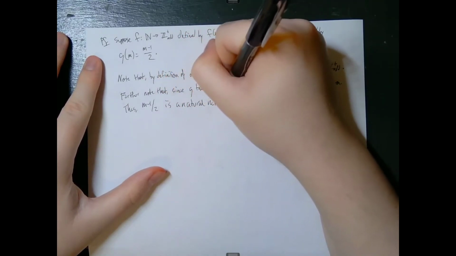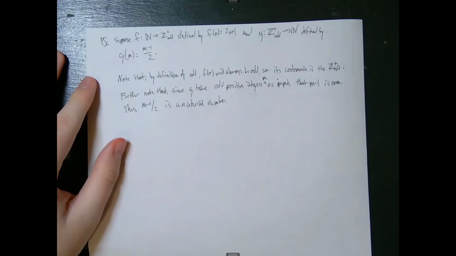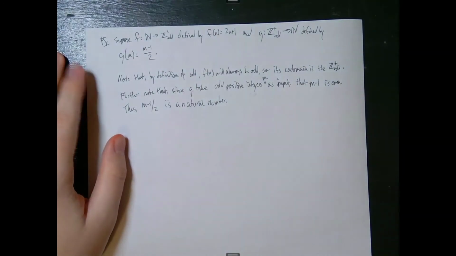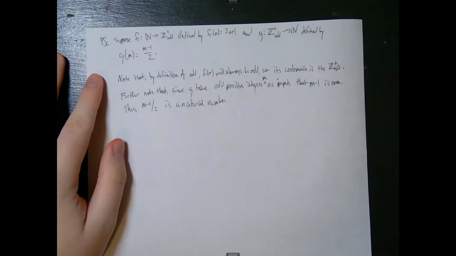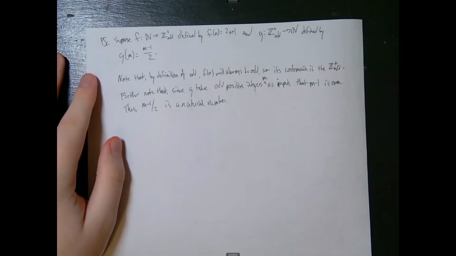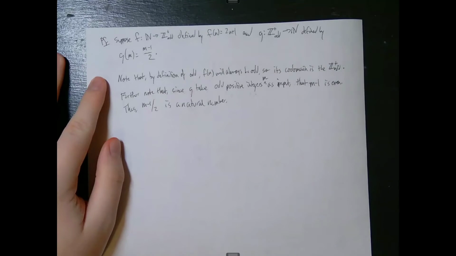So I just want to put justifications like that to really show that these functions are actually going to work as functions between the natural numbers and the odd positive integers.